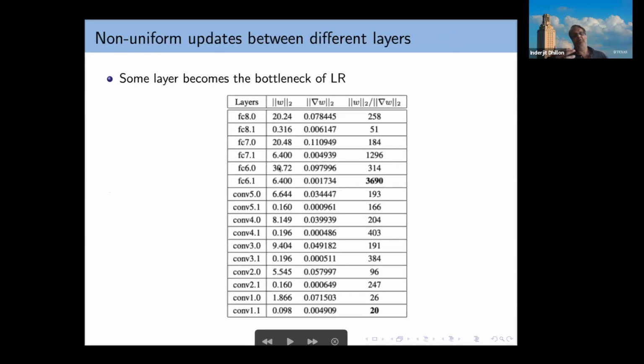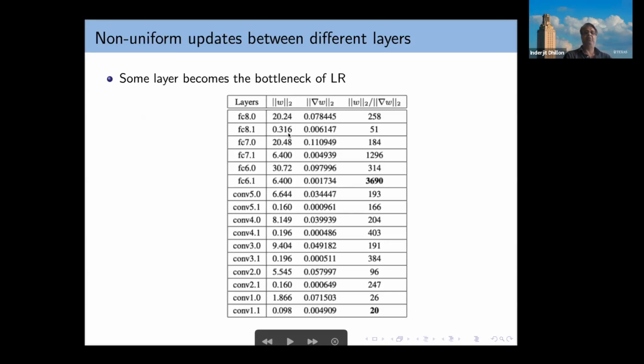And then what people also look at is, for example, deep learning. Remember, it's not just neural network learning. Deep learning means that there are multiple layers, right? So one can try to ask what learning rate I should use for different layers. These are the different layers of a particular neural network.